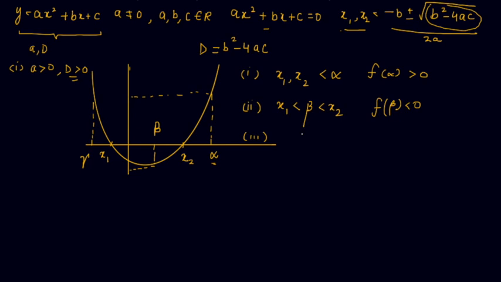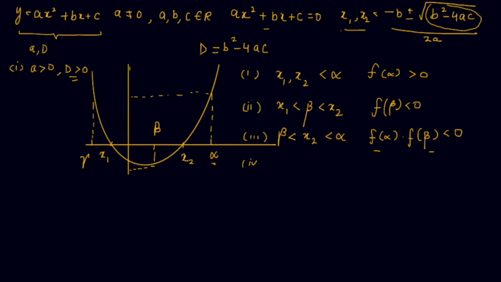The third case is when exactly one root lies between values alpha and beta. For these values, f alpha multiplied by f beta will be less than 0, since one value is positive and the other value is negative. So the product will be a negative value.